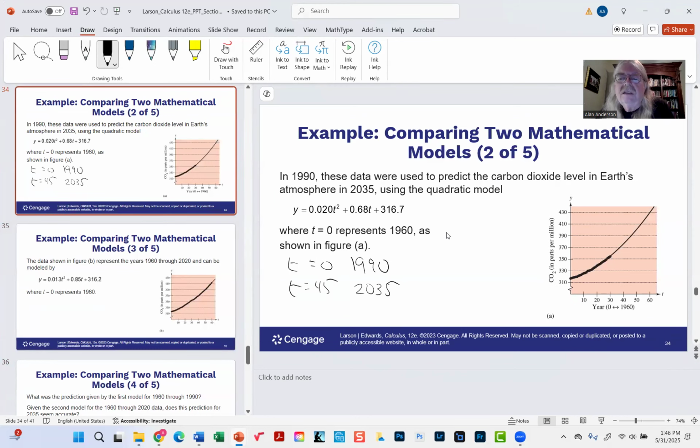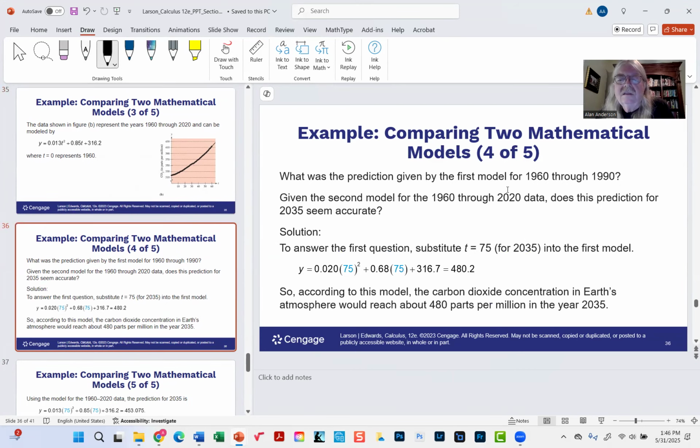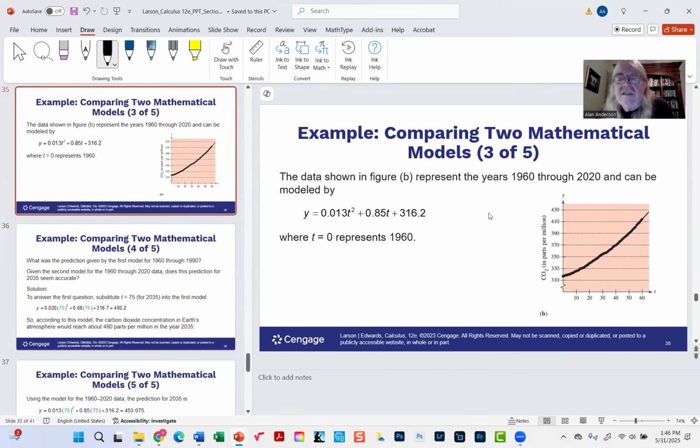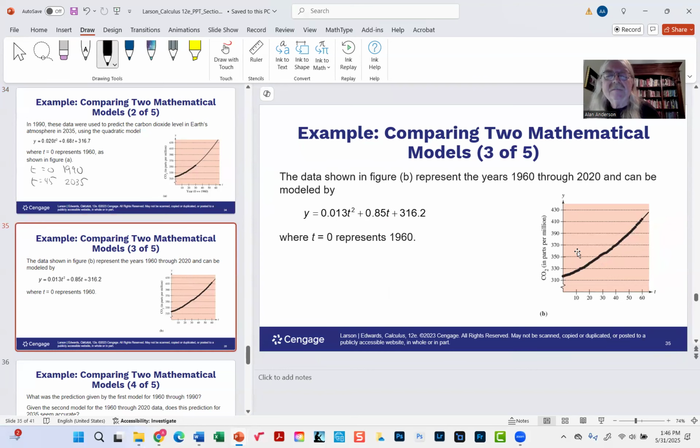Oh, wait a minute. Then they just changed it to 1960. Why did they do that? All right, well, if 1960 is year 0, okay, wait a minute. Now, this is a different example, I guess. Here, year 0 is 1960, and they're trying to predict 2020, that's clearly going to be year 60.